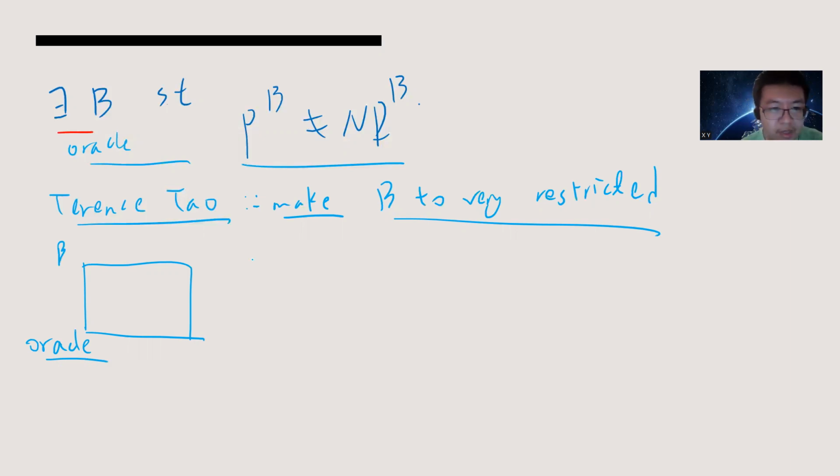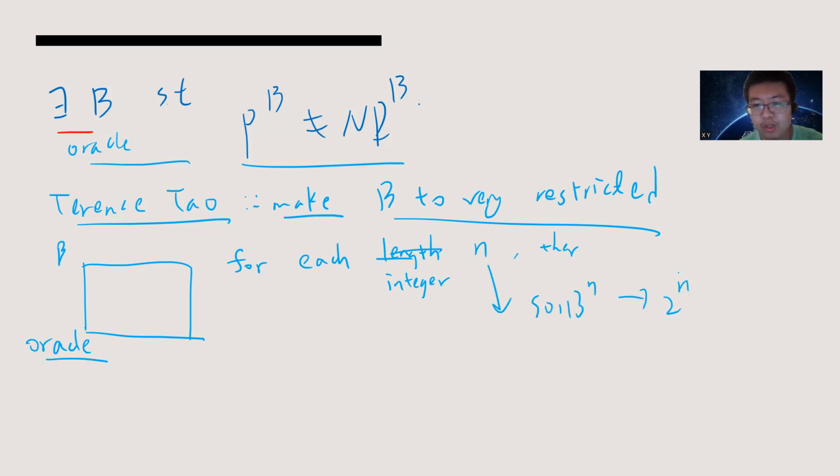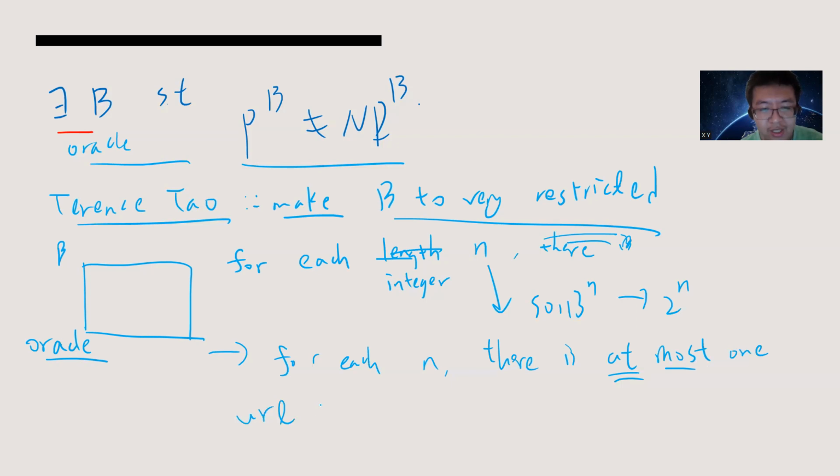And this computer is for each positive integer n, and there's only one URL. So for each n there are 2 to the n possibilities in 0, 1 to the n, and there's at most one URL of length n which is correct.